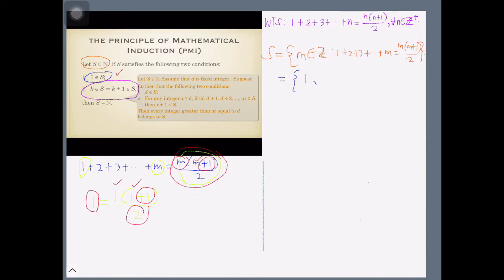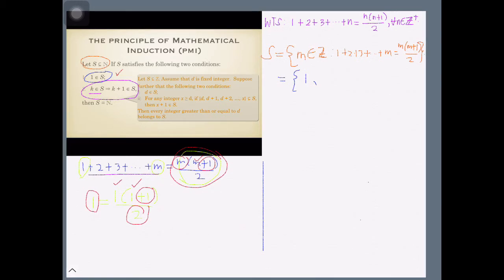Note that the second condition is a conditional statement. We have here k is an element of S. In that case, we are now to consider that k of them works in this series.